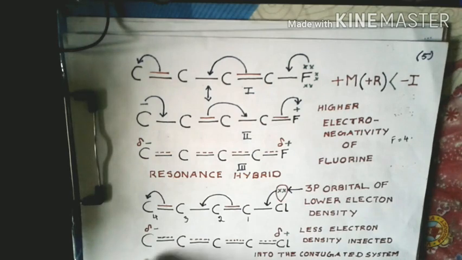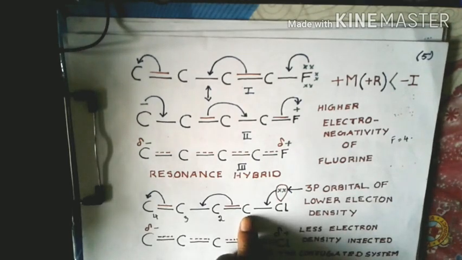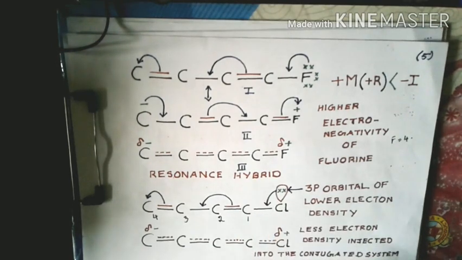So when we consider the resonance hybrid, delta negative will be here of lower magnitude, because chlorine is providing a large orbital, a 3p orbital having lower electron density, and hence the overlapped region of carbon 1 orbital and 3p orbital of chlorine will have a lower electron density. So the mesomeric effect of chlorine, as in the case of fluorine, will be less than expected.